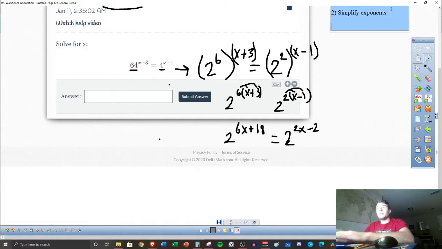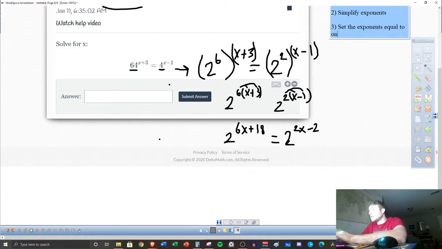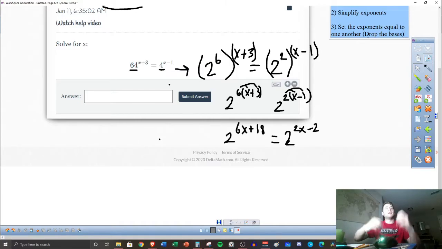So once we have the exponents simplified, we're going to set the exponents equal to one another. So that's our last step that you're going to write down in your notes. So this is what that looks like. Or we'll even say it this way: drop the bases. If you imagine, we don't care about the bases anymore. We know they're the same. Let's set these exponents equal to each other.